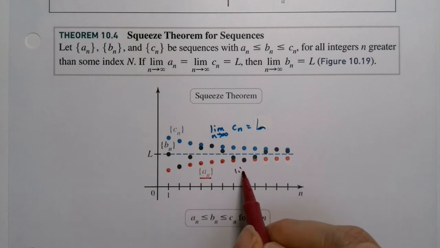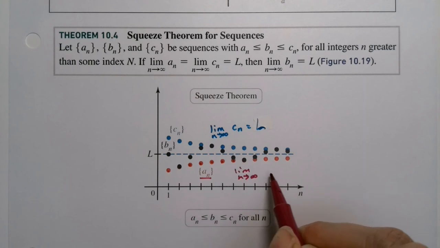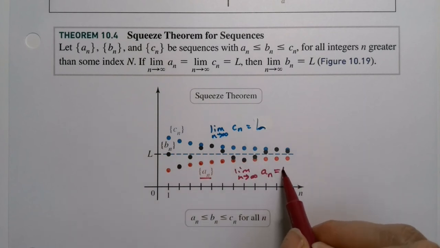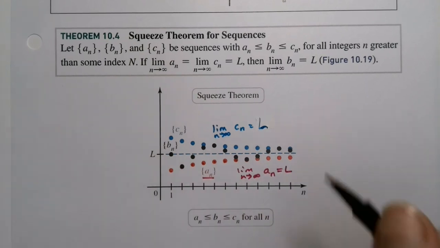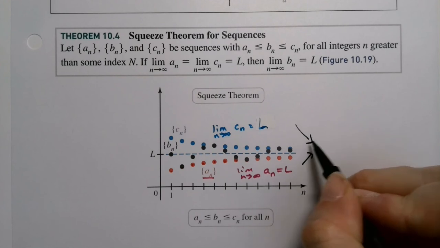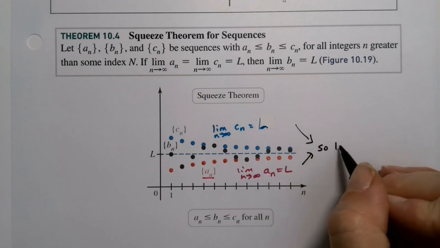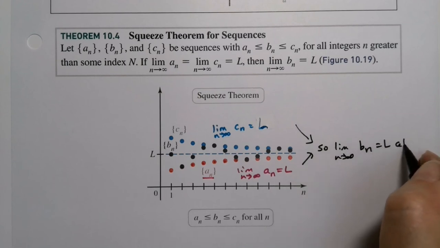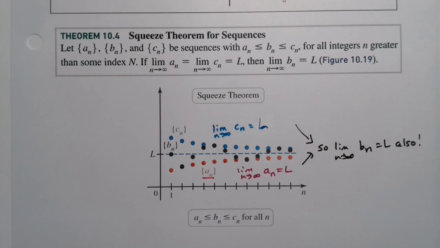Those dots are also going to L. And therefore, the sequence that's squeezed in between the two of them, which are the black dots, is also going to go to L. Right? It's getting sandwiched in between. Squeezed, in fact. That's why it's called the squeeze theorem.